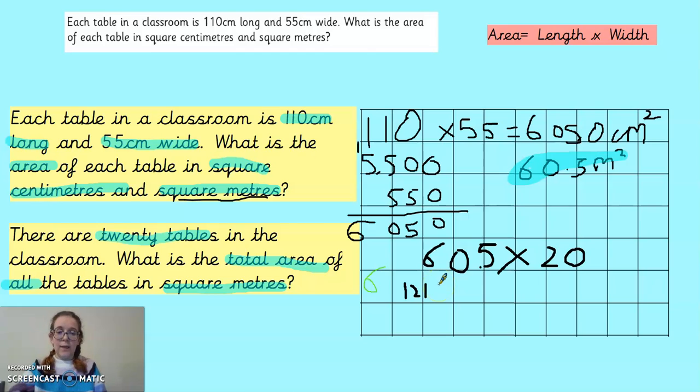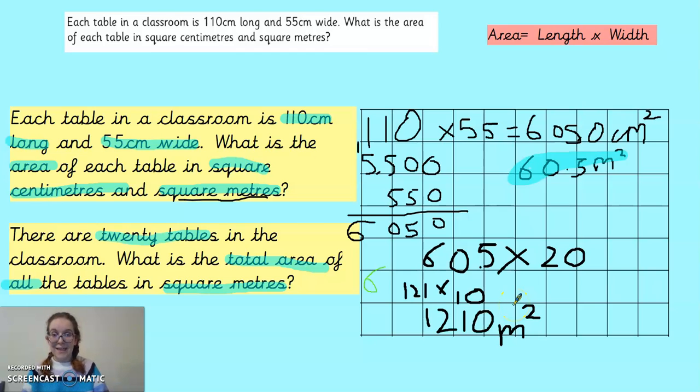Then we times that by 10, just to make sure that we're timesing by 20 altogether, and that gives us 1,210. So the total area of all the tables in square metres is 1,210 metres squared, and it's got to be metres squared because we're finding out the area.